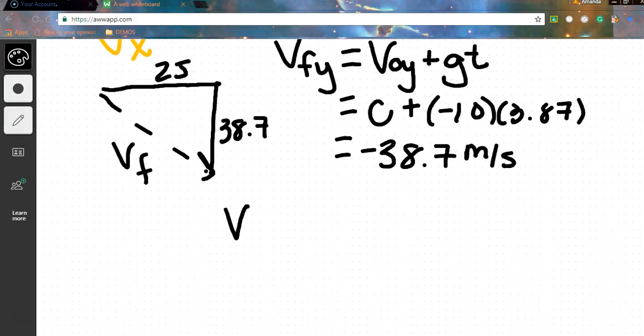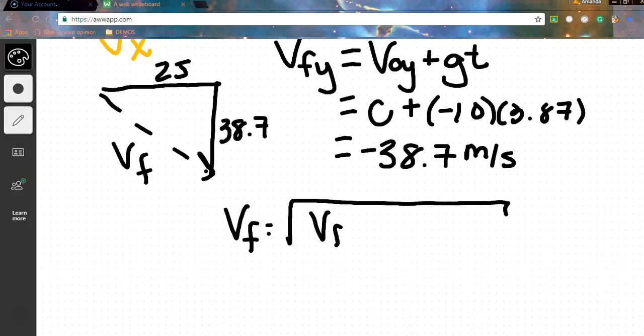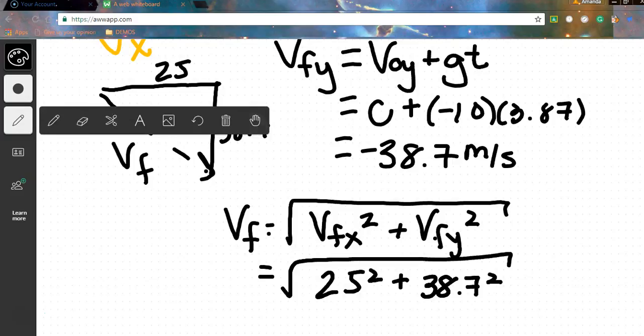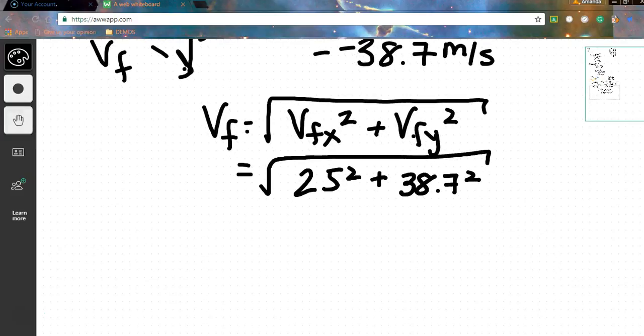The v final total is equal to the square root of v final x squared plus v final y squared. So that's the square root of 25 squared plus 38.7 squared. I dropped the negative because when you type it into your calculator, it's not going to square it as a negative number. It's going to square it first, and then use the negative, which is going to throw it off. So you can just drop it. You don't have to worry about including it.